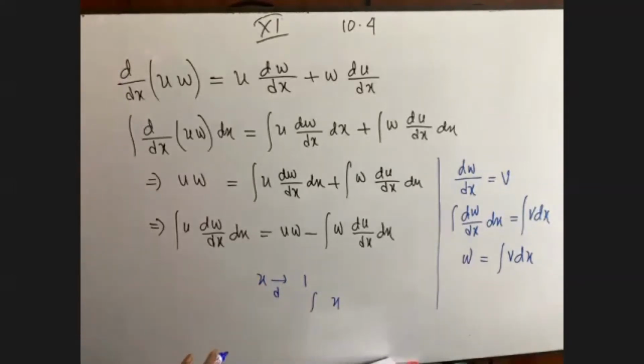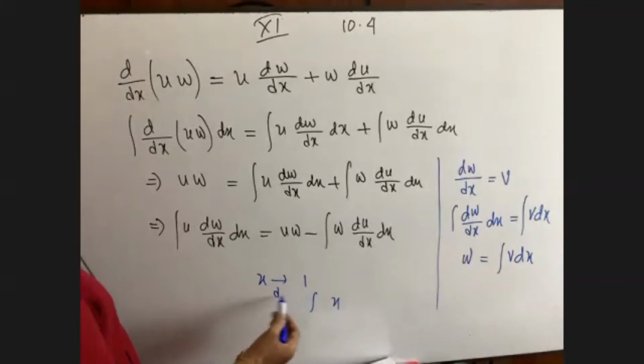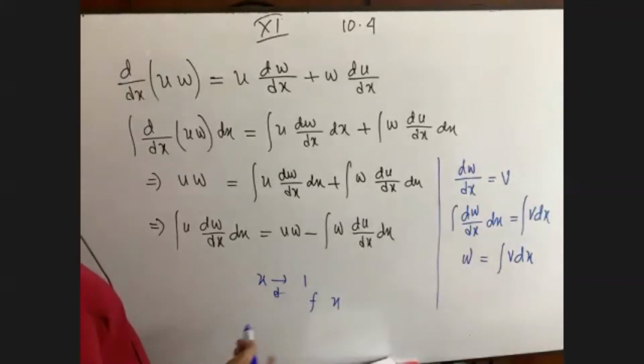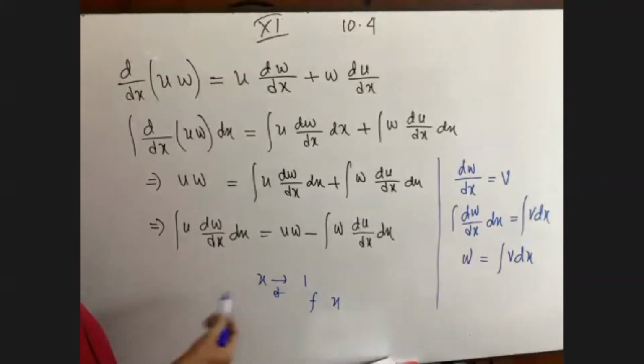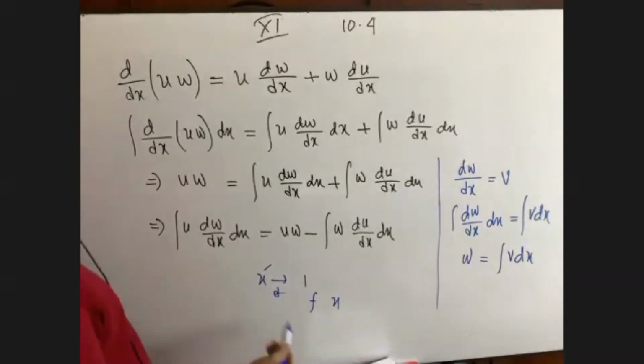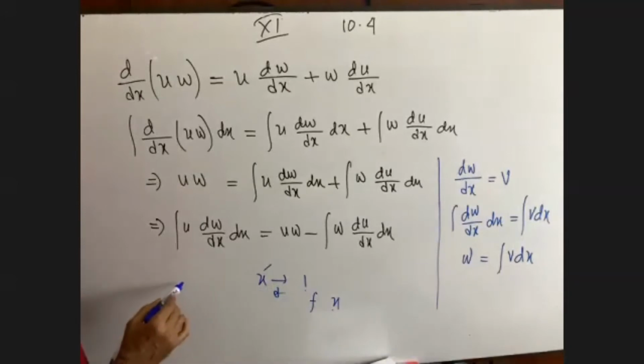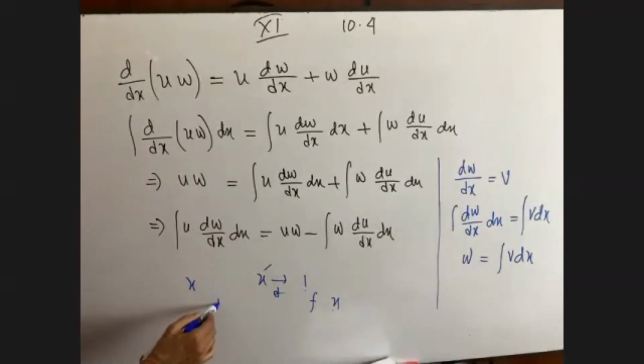That means d and integration work in the same style. Differentiation of x is 1, whereas integration of 1 is x. So if we differentiate x, we get 1. If we integrate that again, we get x. So we are left with the same thing, right? Yes, sir, I understand. Okay.